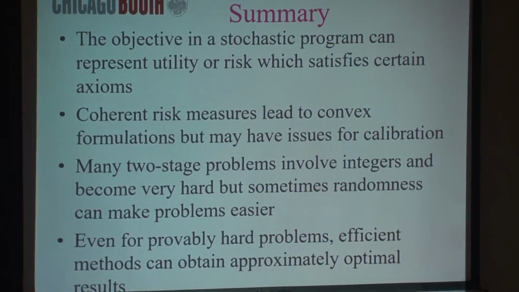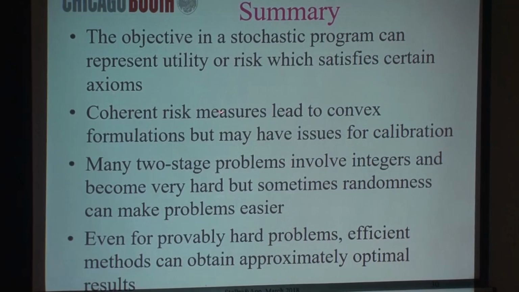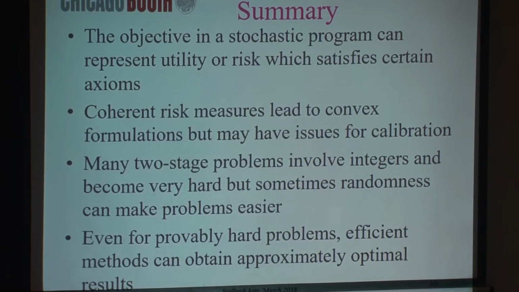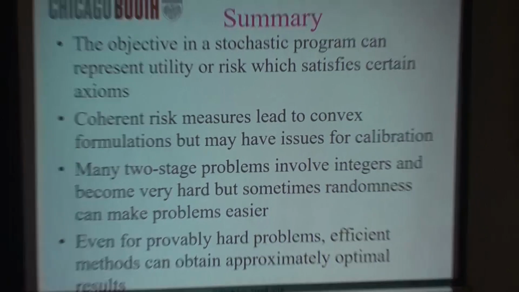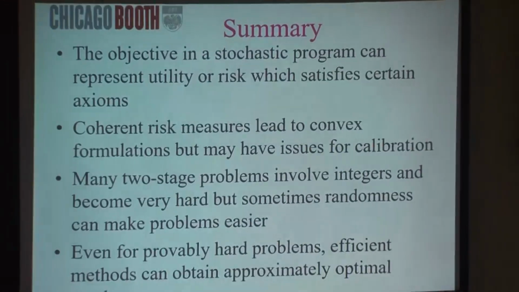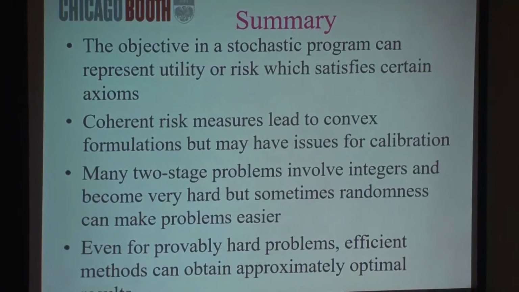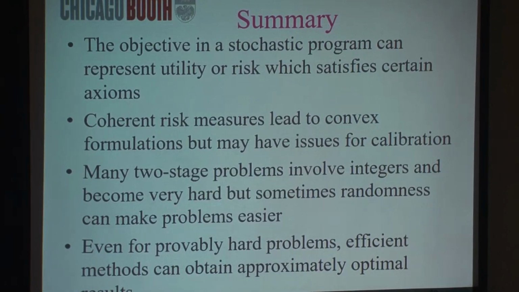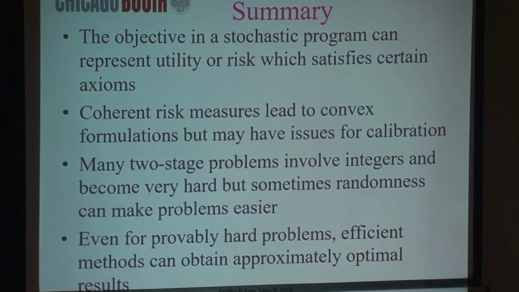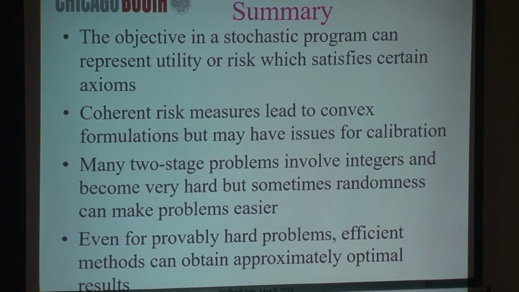Although coherent risk measures always give you convex formulations, they may have issues for calibration, particularly to people's behavior. That is, people's behavior may violate some of the convex relationships because people have this prospect theory kind of preferences.